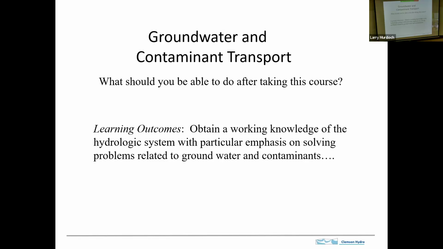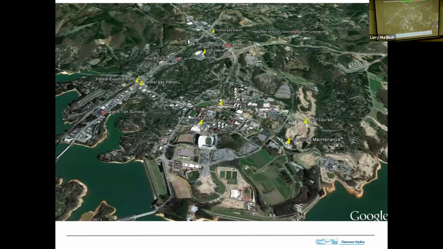For example, in civil engineering, if you're doing foundation engineering, that may be your focus, but the role of groundwater will be important for many foundations. So we want to be able to understand the system in order to solve problems related to the system in meaningful ways.